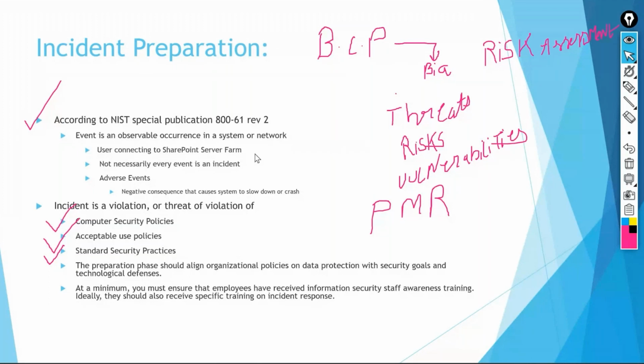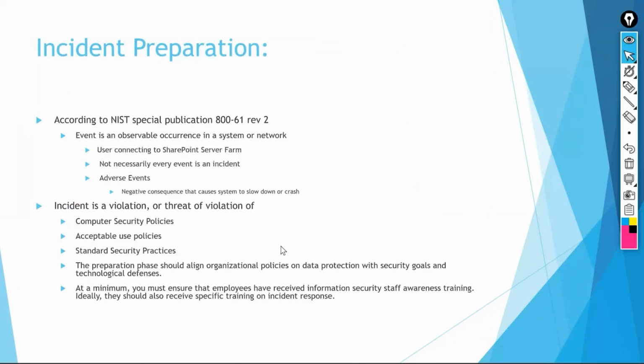It can be my computer security policies, my acceptable use policies, or my standard security practices. When we are talking about incident preparation, the preparation should align with the organizational policies and data protection, with security goals and technical defenses.